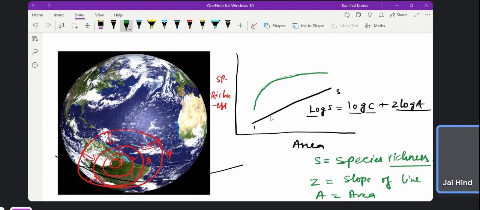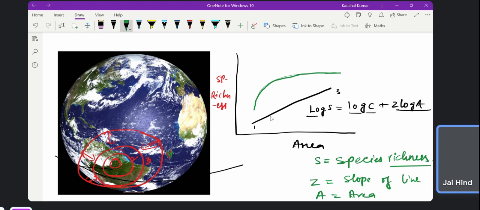Now from first to the fourth circle, the graph will go like this. If you increase too much area, after a certain time it will be saturated, like this. The species richness will not grow because you have occupied most of the area, so now more species will not be there. Got it? Hope you understood.